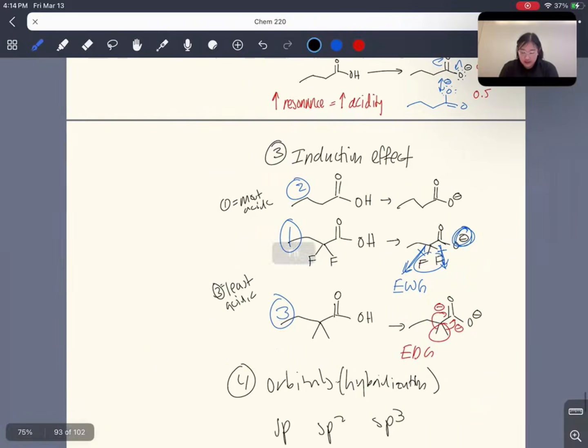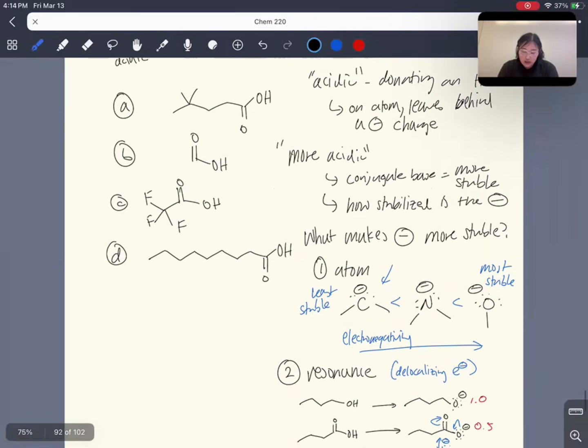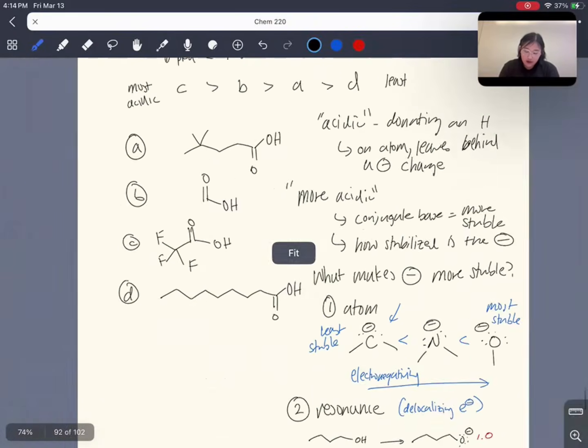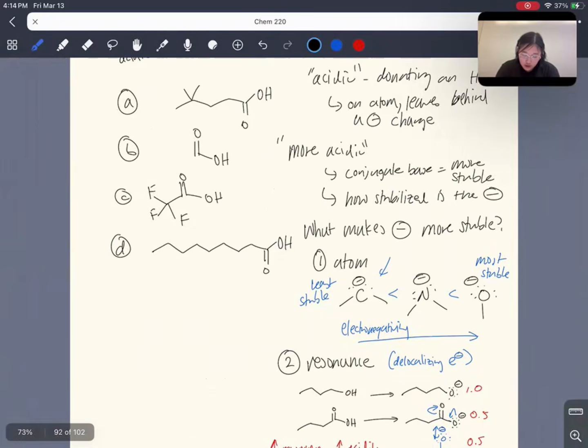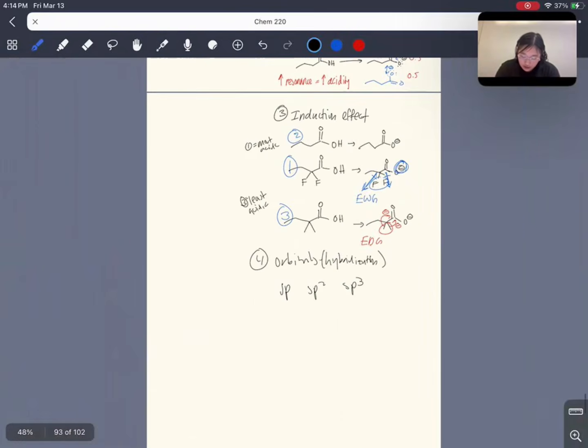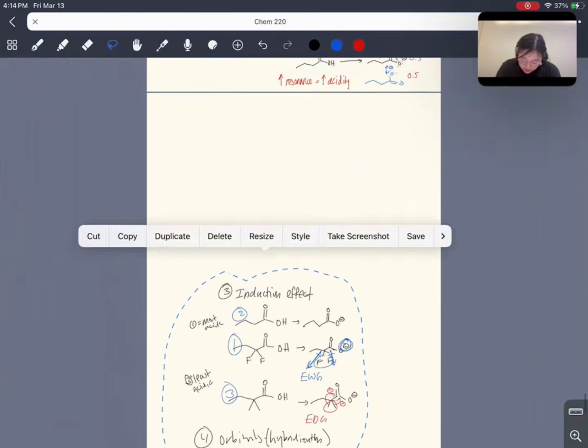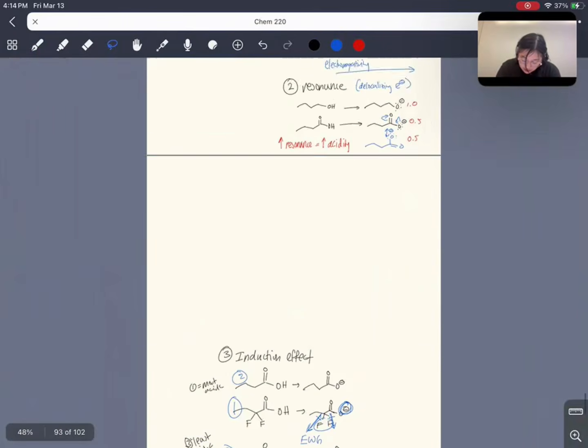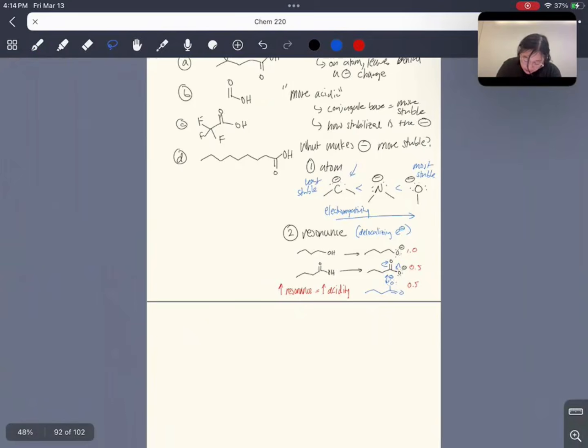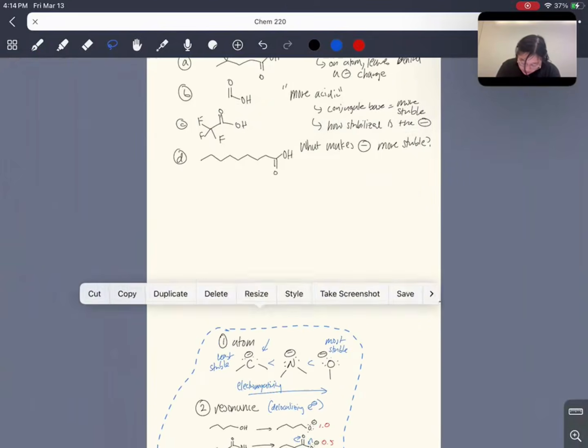Okay. So now that I have written all these notes down, I'm going to move them out of the way so that I can explain how to actually do the problem. So I'm going to shift this down over here.